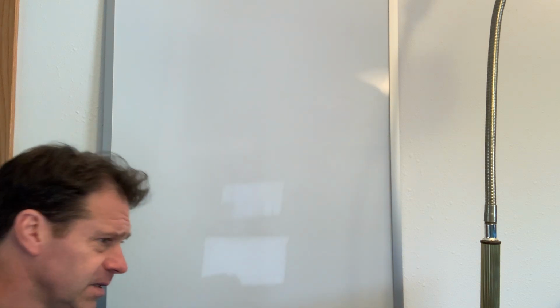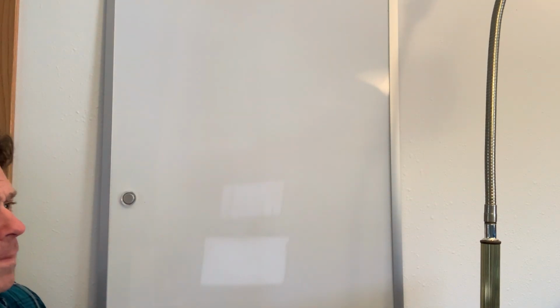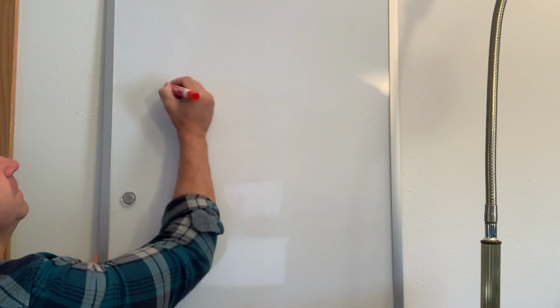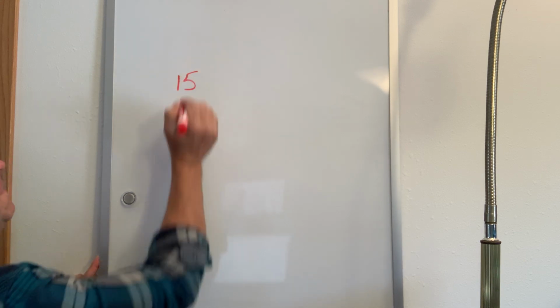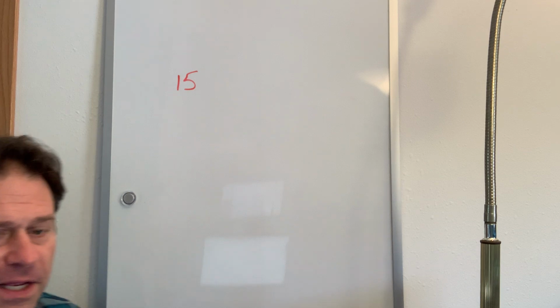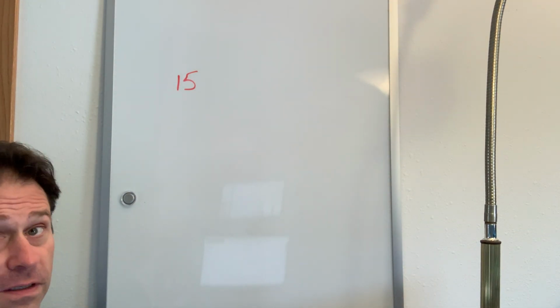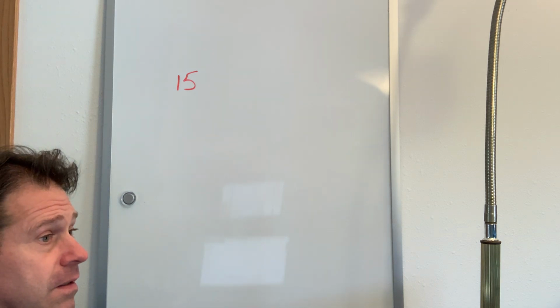Somebody have their hand raised? Are we okay? All right, here we go. Give me the factors of 15. Give me factor pairs of 15. Give me one, Maggie. 5 times 3.